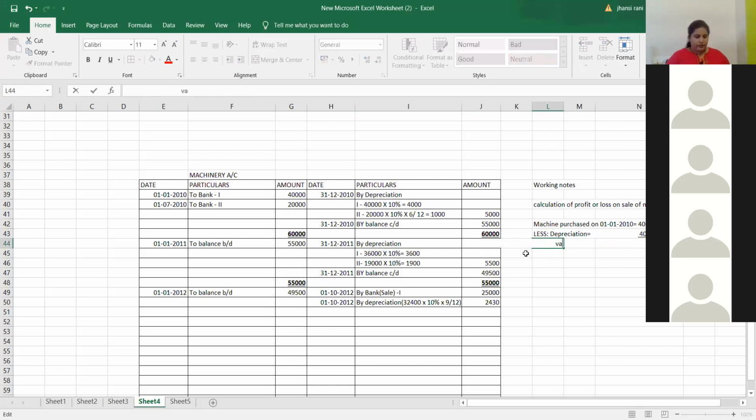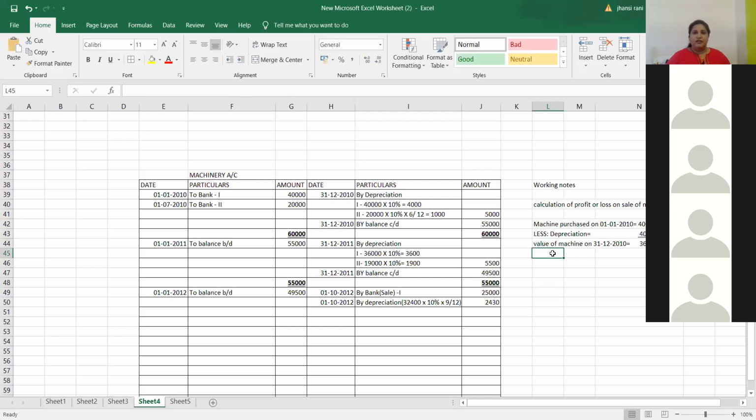We get the value of machine on 31st December 2010 is equal to 36,000.